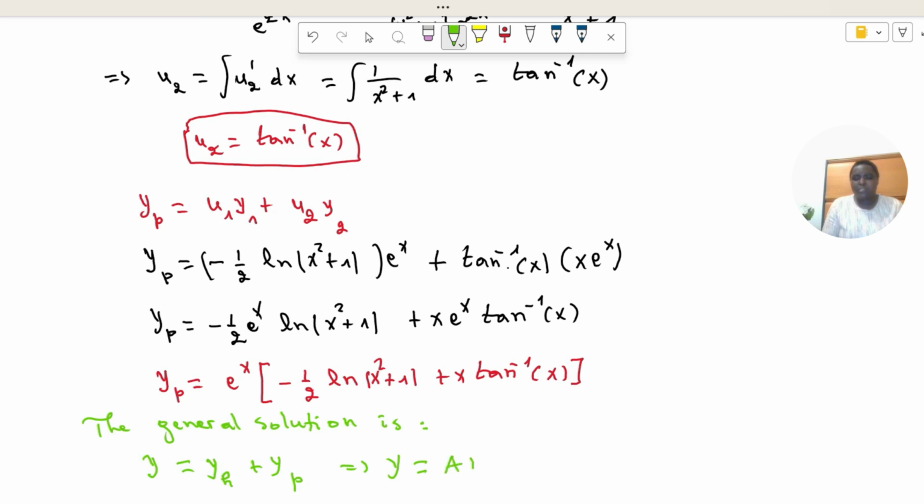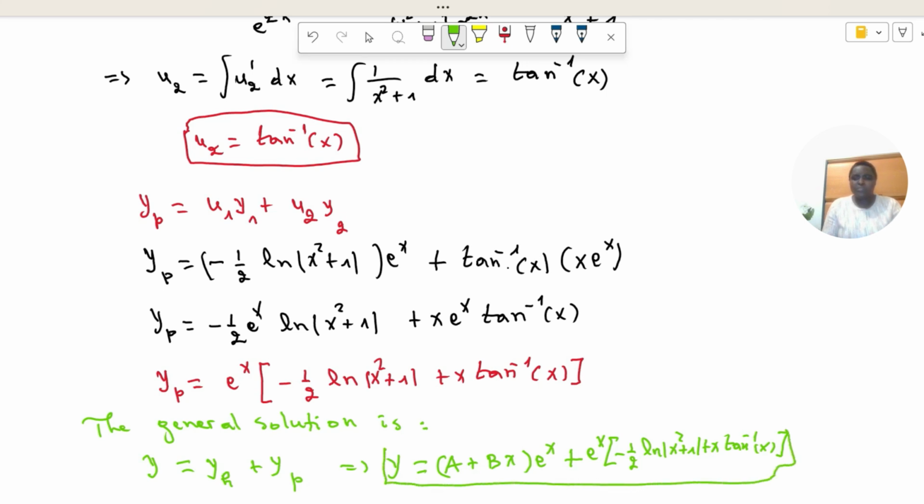This was a plus b x, times e power x. Then we add our particular solution, which is e power x times minus 1 over 2 ln of x squared plus 1, plus x times tan minus 1 of x. So that's it. This is the general solution that we are asked to compute.